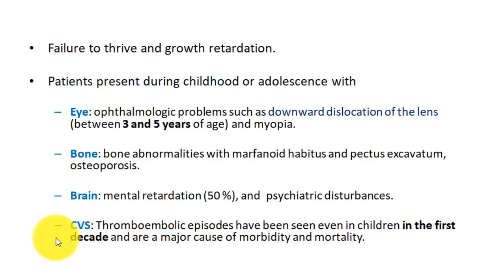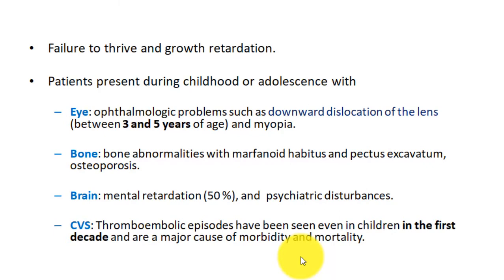A very important finding is cardiovascular involvement. Thromboembolic episodes are seen in such patients within the first decade of the patient's life. This serious thromboembolic episode is the major cause of morbidity and mortality.